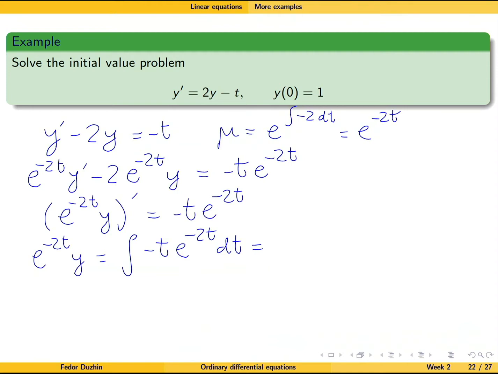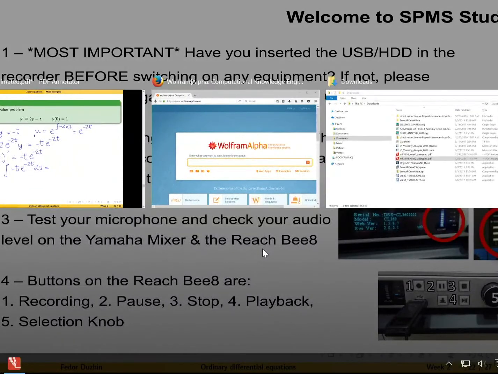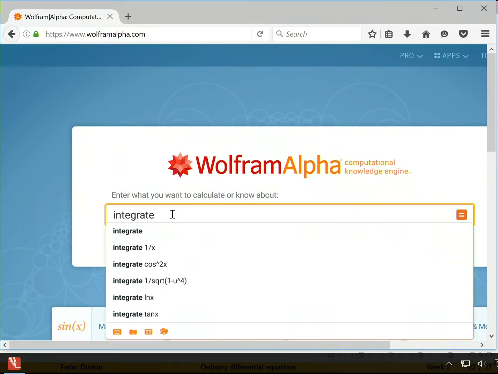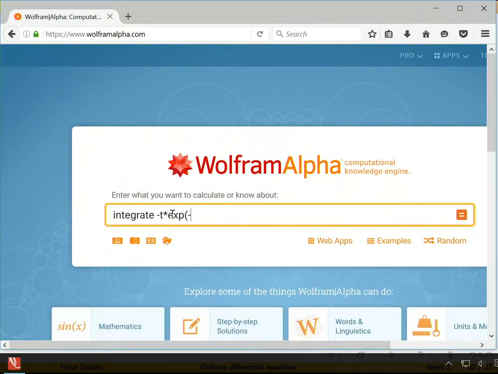And I'm teaching the theory of differential equations, so we can skip this part and just do it in Wolfram Alpha. All right, so integrate minus t times e to the minus 2t.